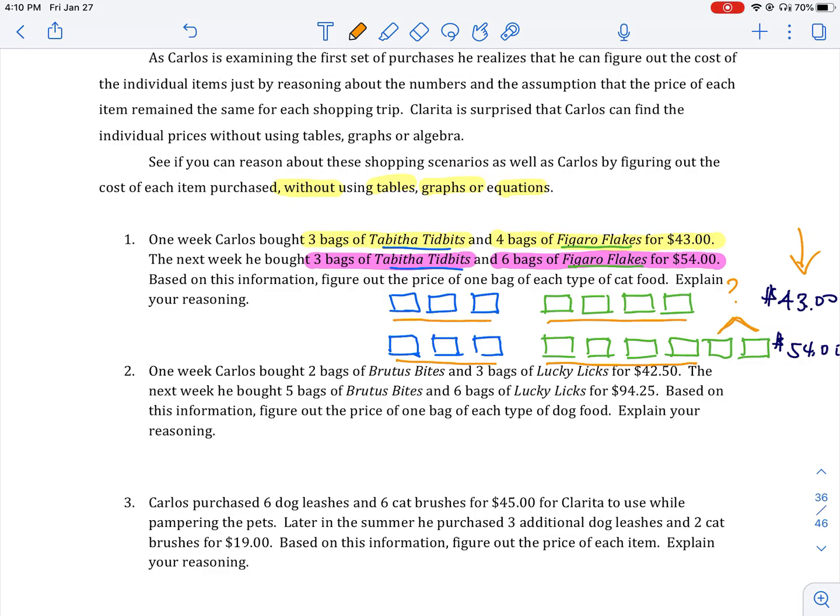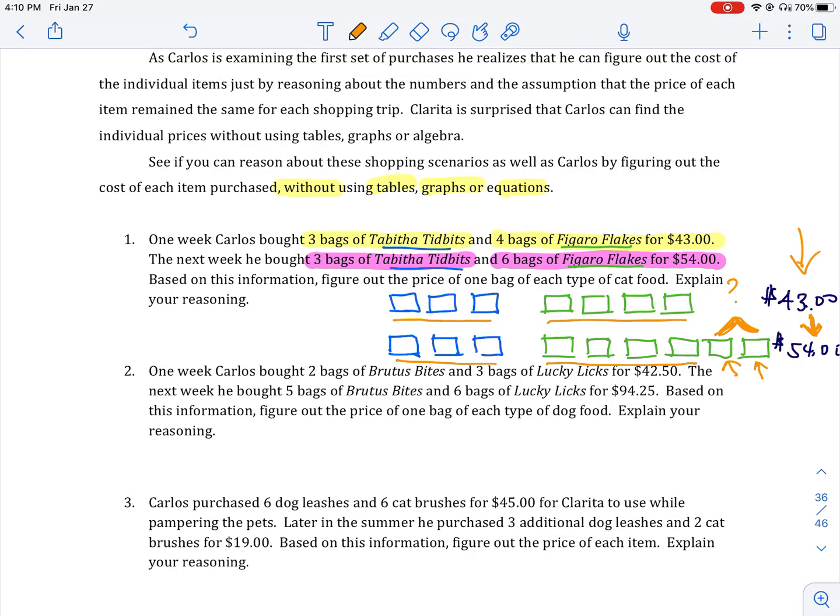You know you have 2 extras, right? And you know you spent an additional amount of money just to get the 2 extras. If you think about it hard enough and talk to your partners, you should be able to figure out the cost of each of these based on that piece of information. So that's my hint to you.